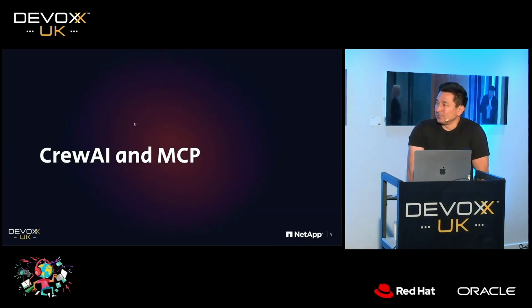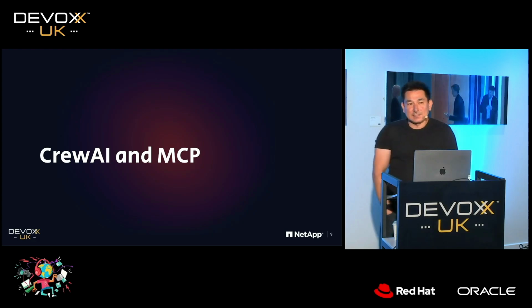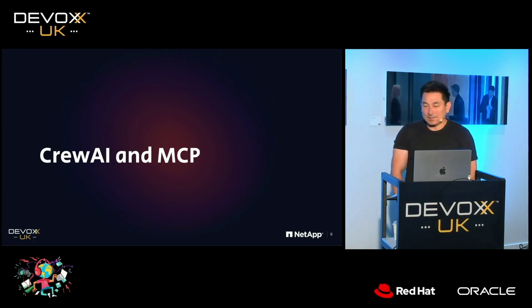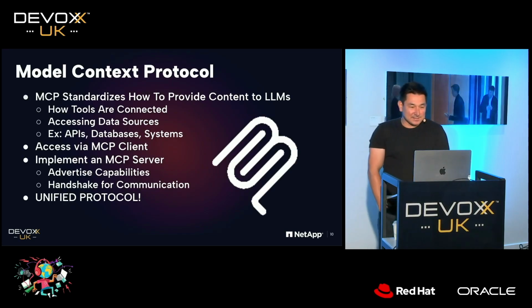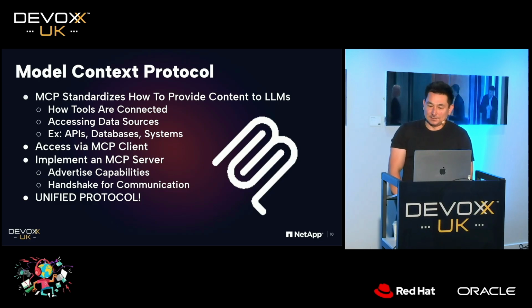So now that we know how to build an agentic AI system, let's talk about MCP, because that's what everyone's talking about these days. So what is MCP? MCP stands for Model Context Protocol, and its claim to fame is how to provide content, information, and data sources to LLMs or AI agents.